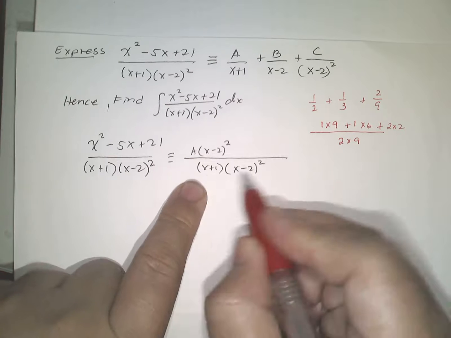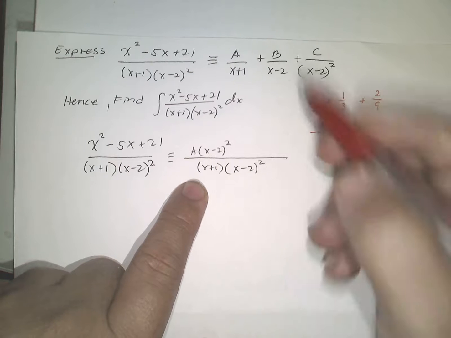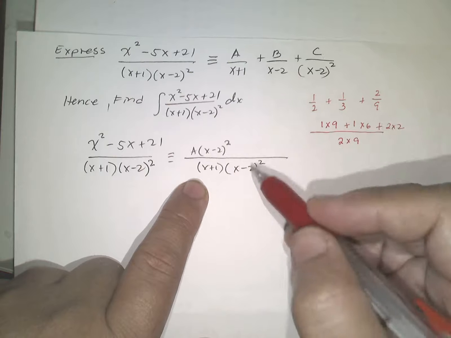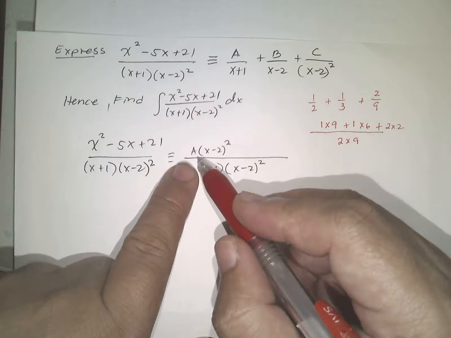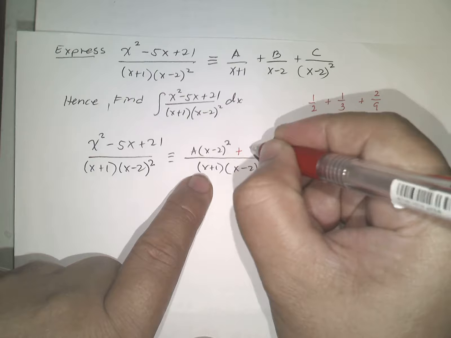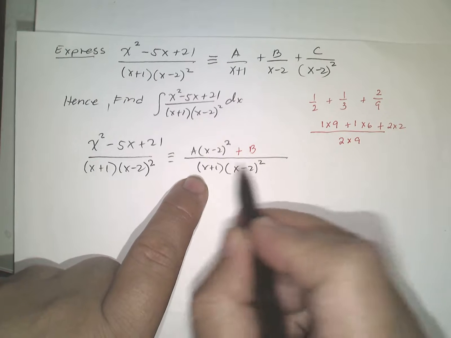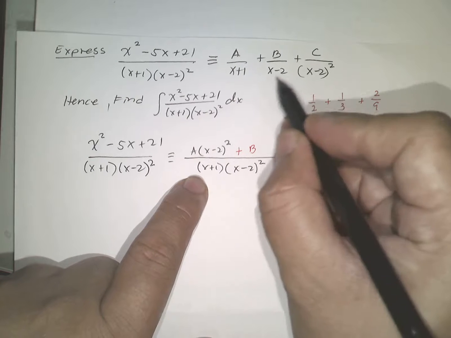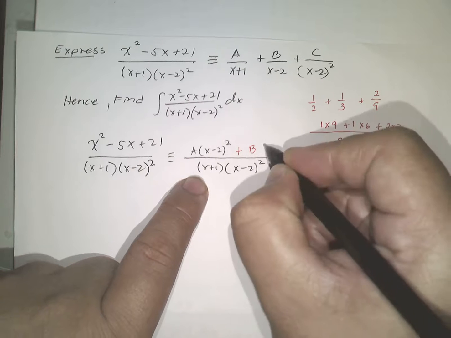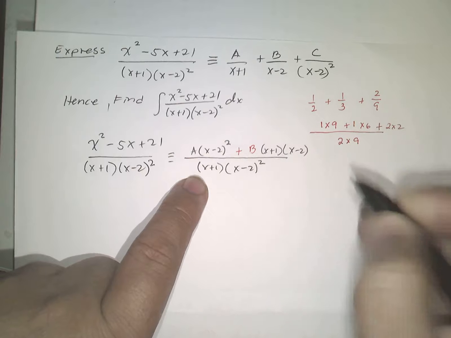So x plus 1 times x minus 2 squared divided by x plus 1 is x minus 2 squared, then times A, plus you have now B. This expression divided by x minus 2 is equal to x plus 1 times x minus 2.